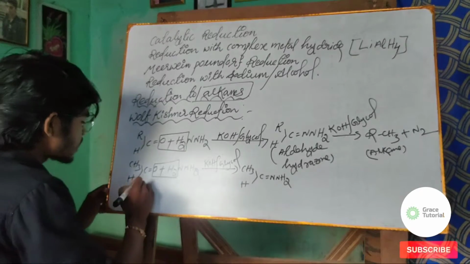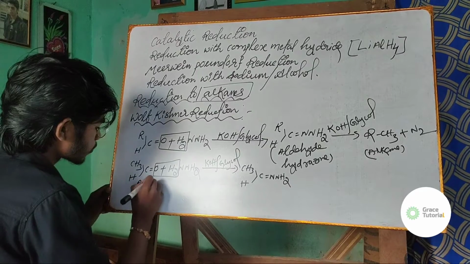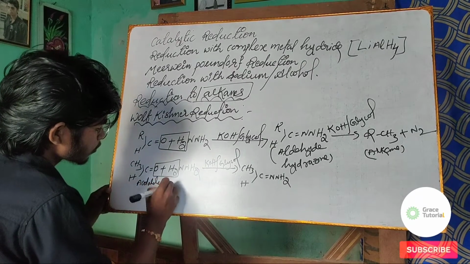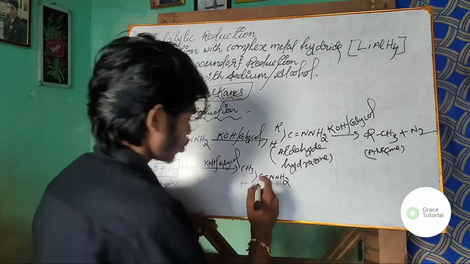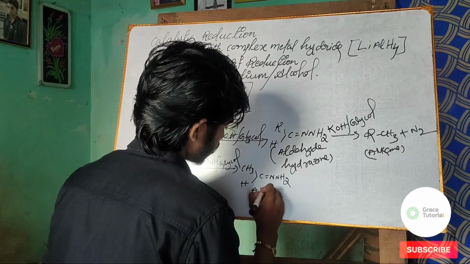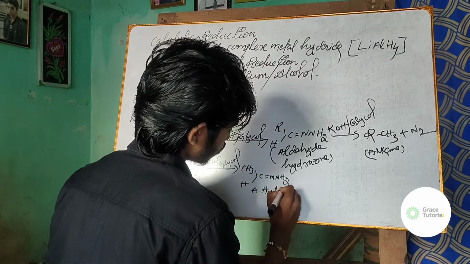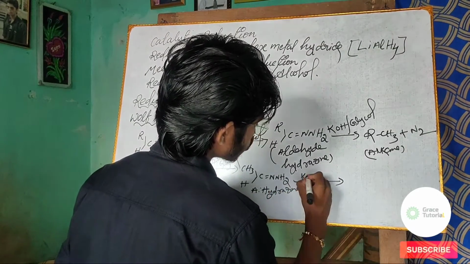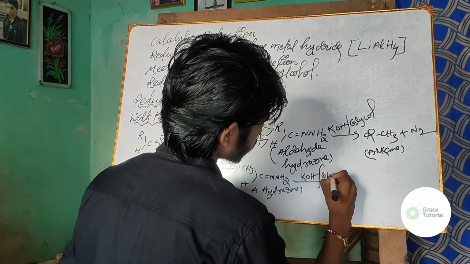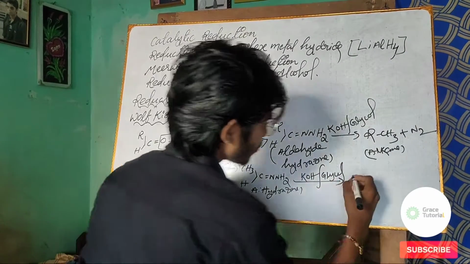Since we have taken acetaldehyde, this is acetaldehyde hydrazone. Acetaldehyde hydrazone. When it is again treated with KOH in glycol, then what happens?